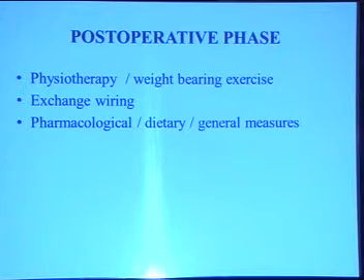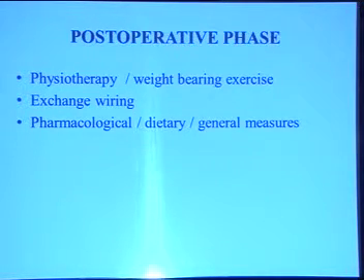In the post-operative phase, physiotherapy, loading and moving the limb, and weight bearing exercises. Exchange wiring is something we have to think about in the post-operative phase, because there is a high chance of loosening of the wires.